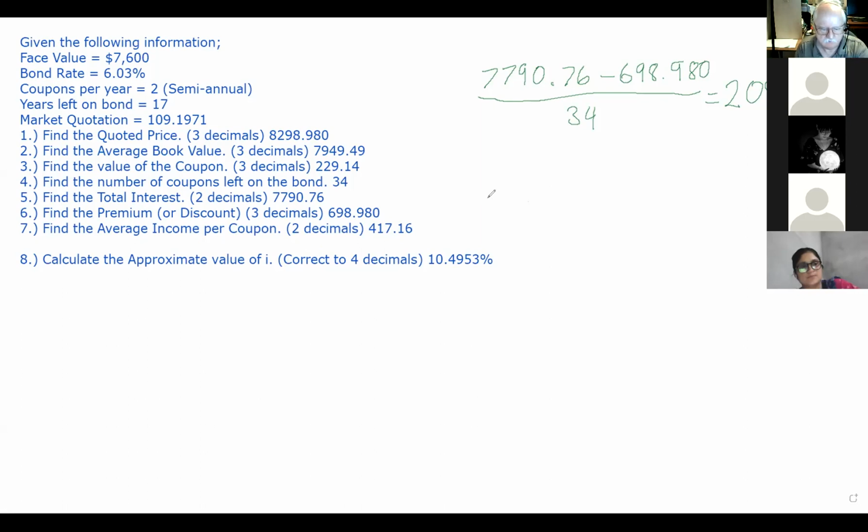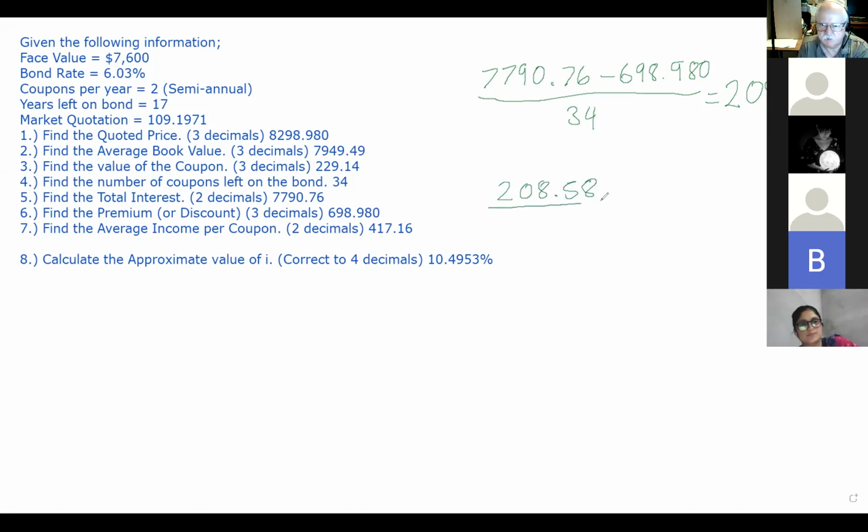And so for the approximate value of i, the yield rate, we wanted the average income per coupon, which we just calculated, 208.58, divided by the average book value.